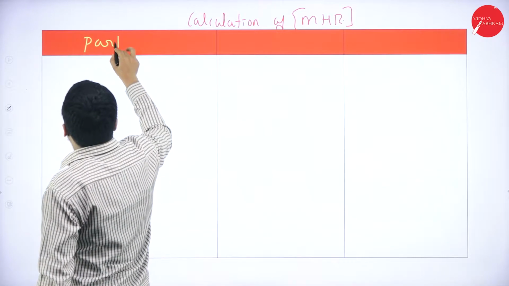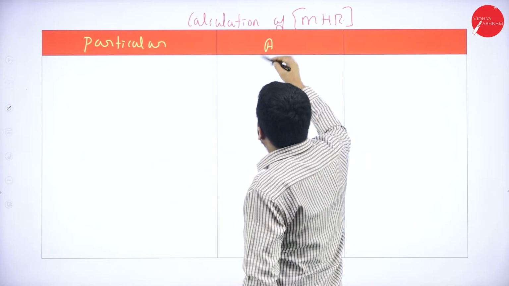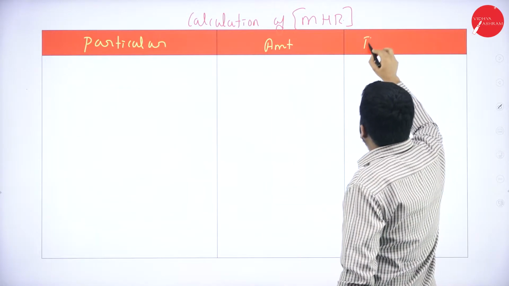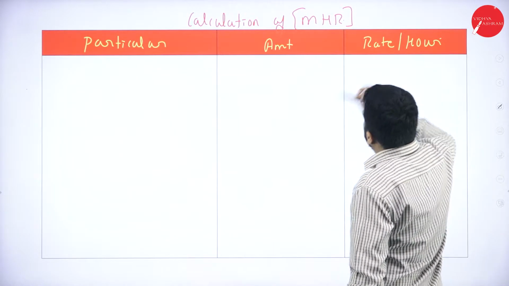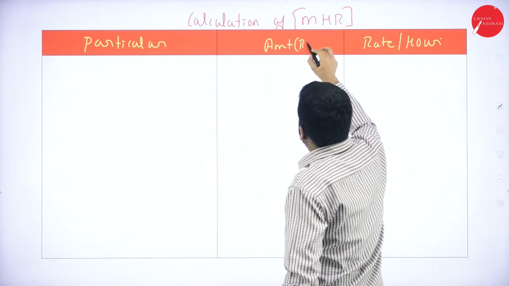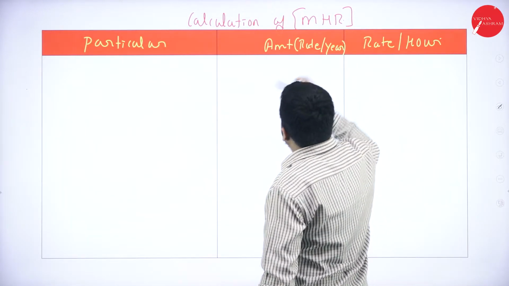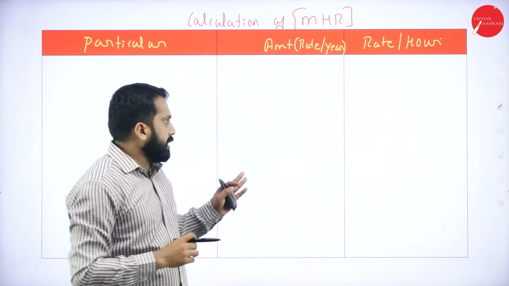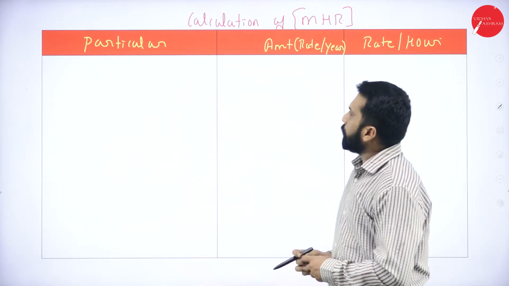Particulars, amount, and yes, the last column will be rate per hour. So these are the amounts, the rate per year. Whatever information is there in the first column, we calculate per year, and the last column we calculate per hour. Now we'll go one by one.